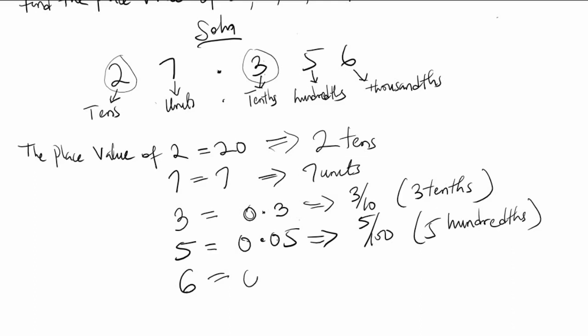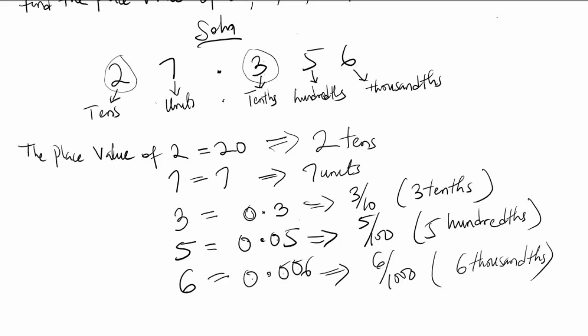Place value for 6 is 0.006. You put down this dot, 3 becomes 0, 5 becomes 0, and you put down 6, which is 6 over 1000, which is 6 thousandths.